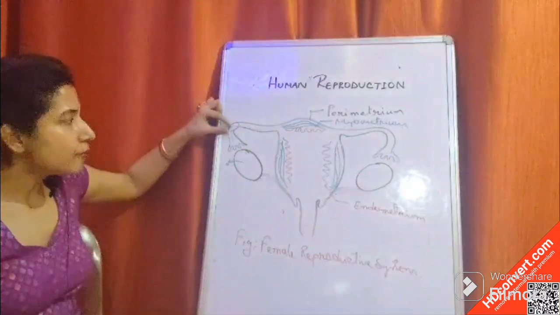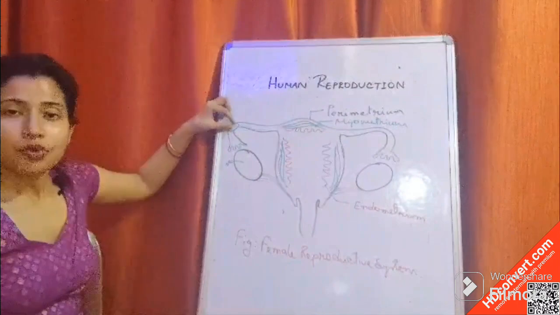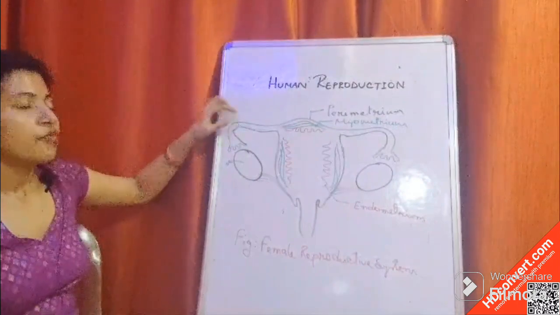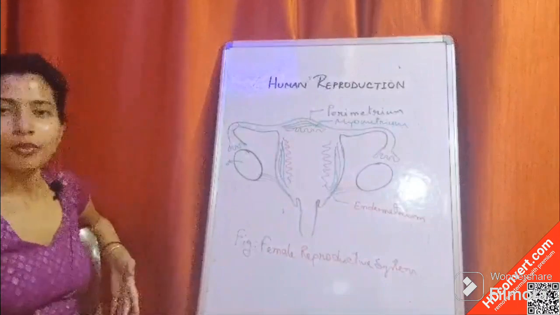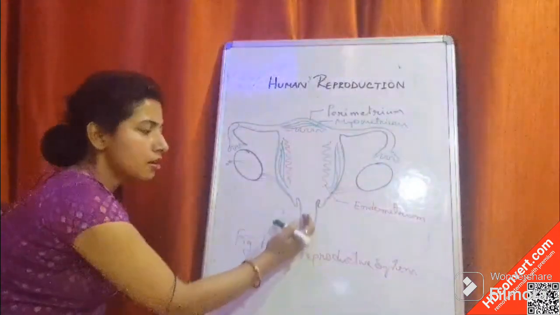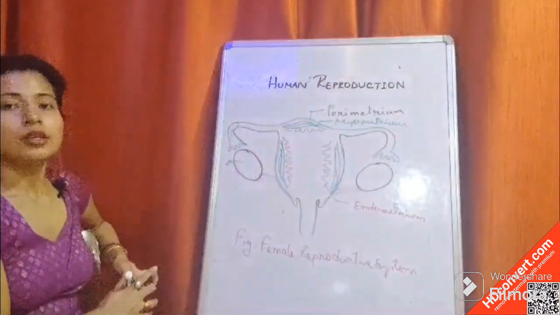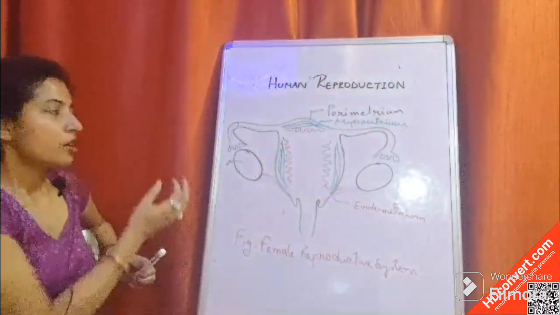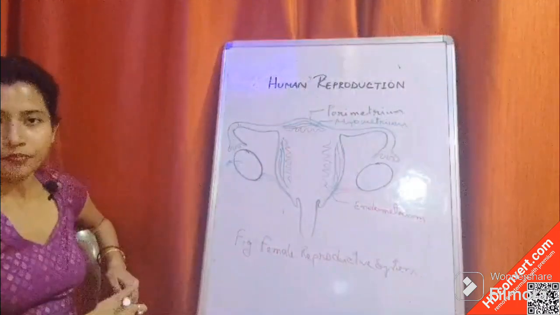So whenever the egg reaches the ampulla portion, then a number of sperms, maybe millions of sperms, enter through the vaginal tract, and they try to fuse with this egg.